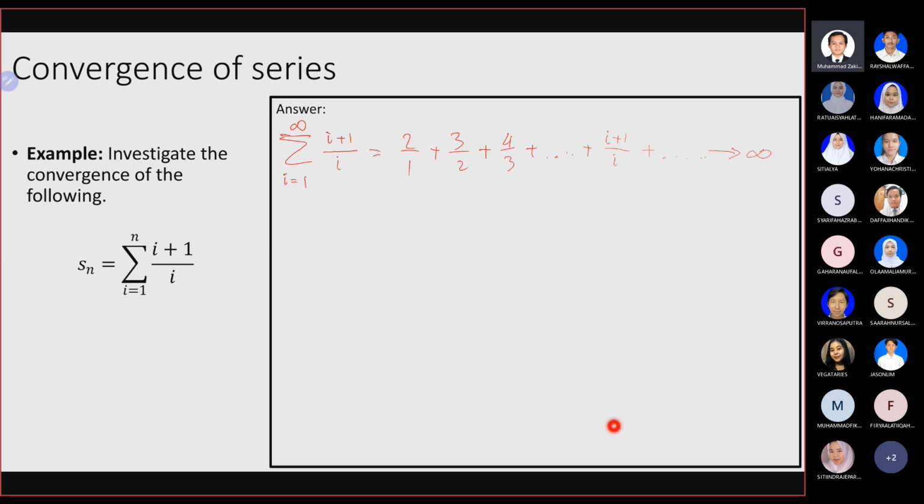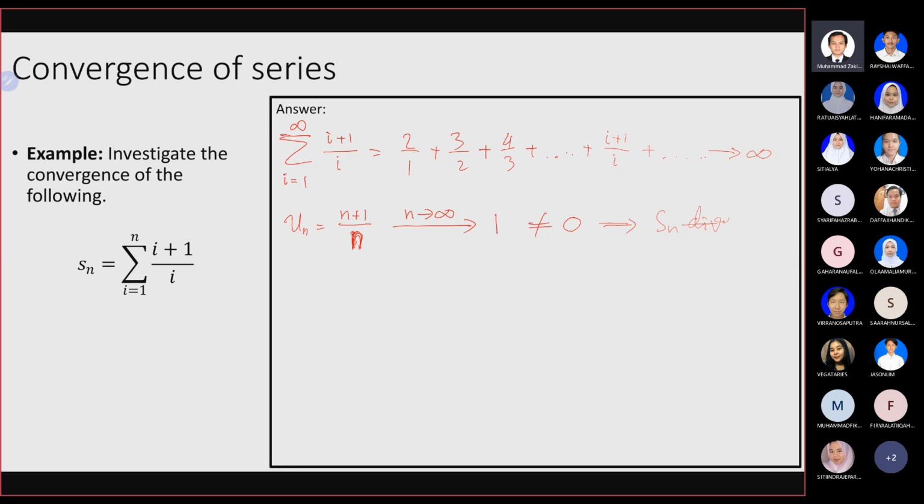Okay. For this one, we know that Un in this case is n plus 1 over n, ya. Jadi kita tahu Un-nya adalah n plus 1 bagi n. So in this case, we know that as n goes to infinity, this guy goes to 1, that is not equal to 0, then of course it implies that Sn will diverge.